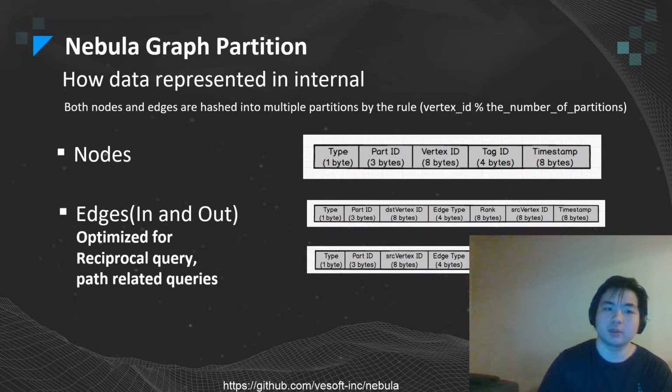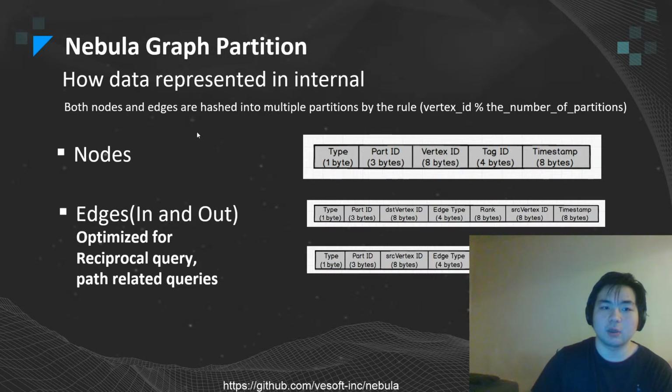For the memory model, we split the data into several parts, and I think the most important part is the vertex ID. Edges have two vertex IDs, and we have two kinds of edges. One is the incoming edges to a node, and one is the outgoing edges from a node.